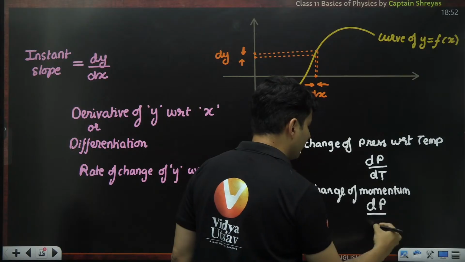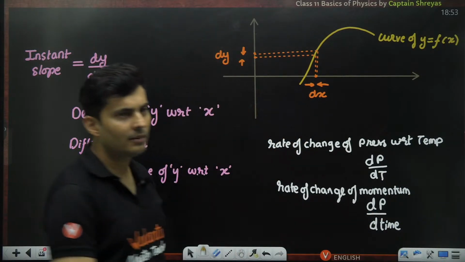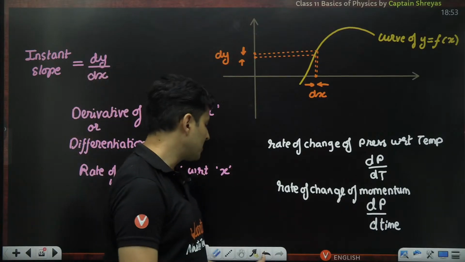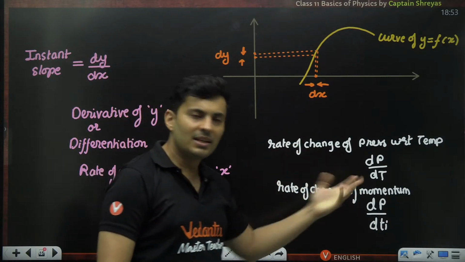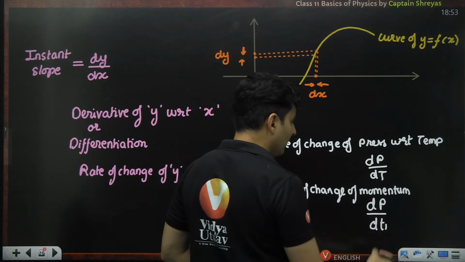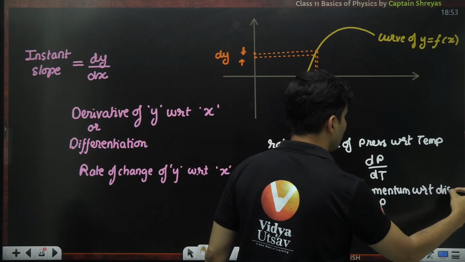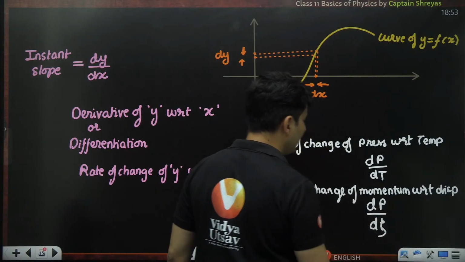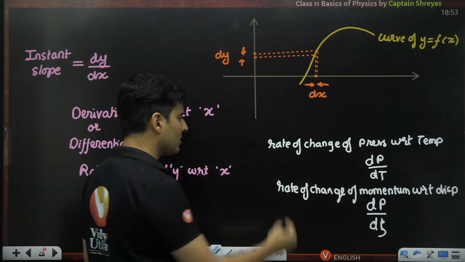I'm asking you rate of change of momentum with respect to time. So time is automatically there when there is no other phrase mentioned. If it is mentioned rate of change of momentum with respect to displacement, then I will put dp by ds. So that is how this word plays.